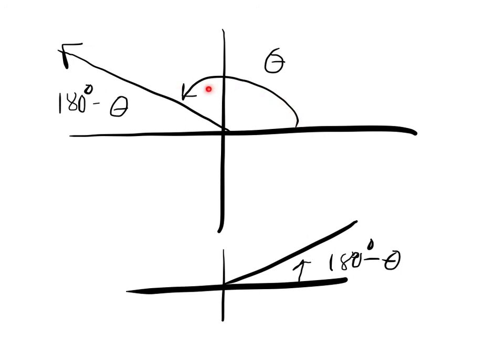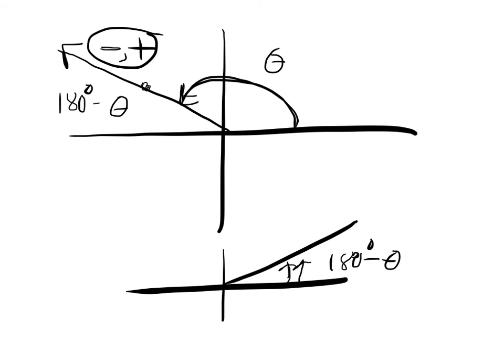And let's take a look at this angle here. This angle is going to have a reference angle of 180 minus theta. This angle, being in the second quadrant, is going to have a negative x coordinate and a positive y coordinate. The tangent will be negative. And from the reference angle principle, what's the tangent of theta relative to the tangent of 180 minus theta? They're going to be the same, except they'll differ only in sign.